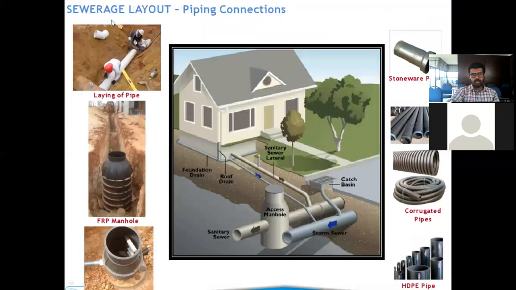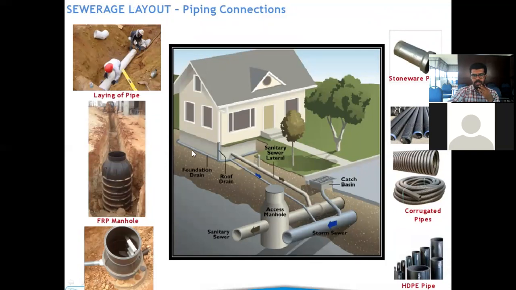So these are the different sewerage layouts, piping connections, etc., and how they are laid. There will be a manhole, which is used for inspection and access. This is the sanitary line, which can be given into the main pipe, and you will have a manhole.